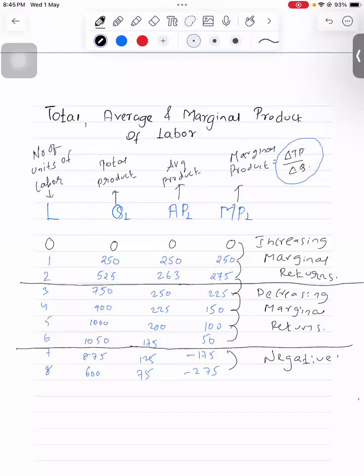Because every additional worker is adding more. First worker added how many units? 250. Second worker added how many units? 275. So total product is increasing at an increasing rate because we have increasing marginal returns. Every additional worker is adding more.